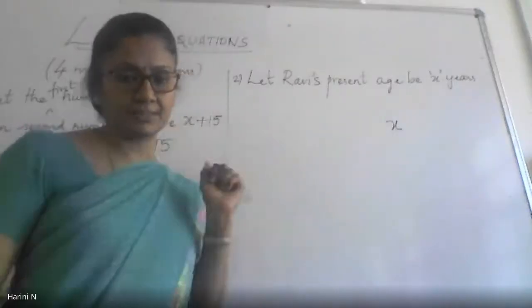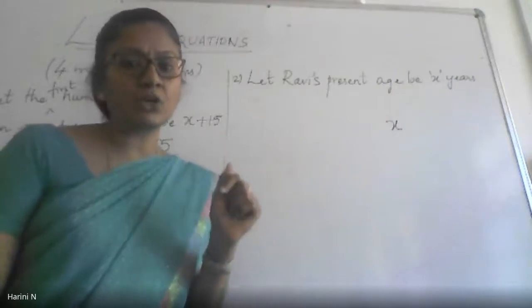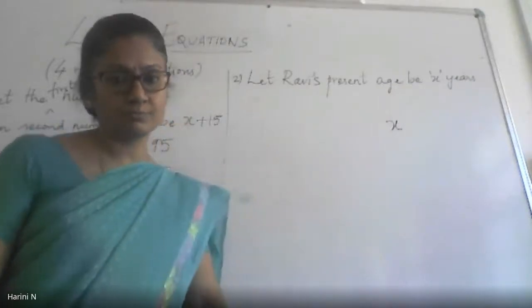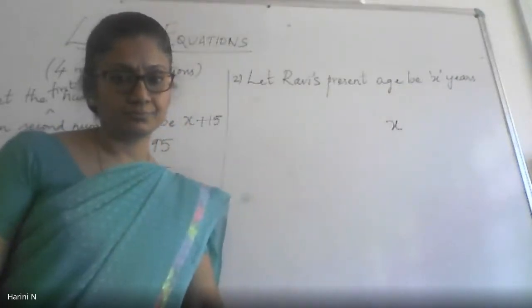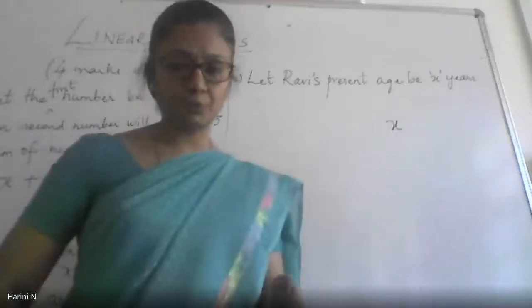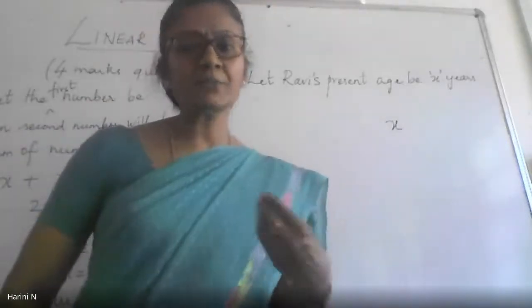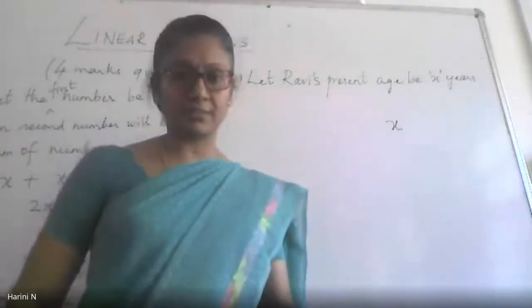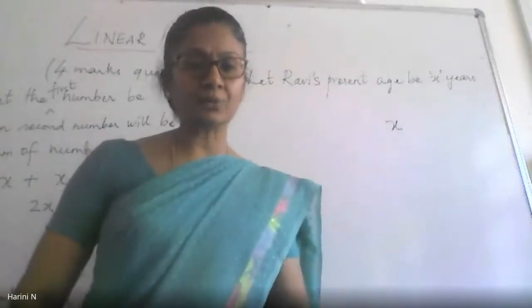Now if your age is 13 years, what will be your age 5 years from now? 18 years. Now your present age is 13. After 5 years, how will you find out your age?